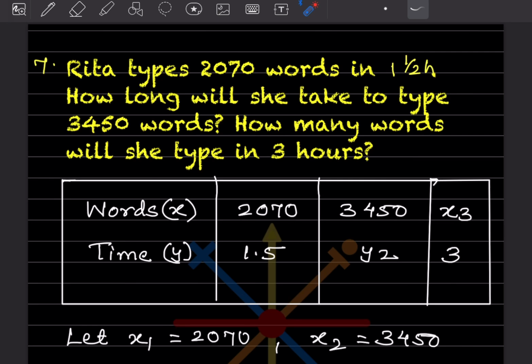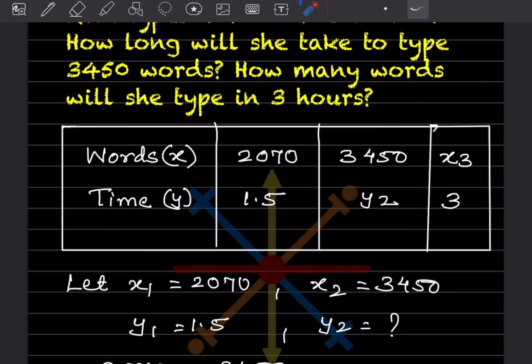And again it is given, one more question is here. How many words will she type in 3 hours? So we don't know here, the third column, we don't know the words. So this will be x1, x2, and this will be x3, y1, y2, and this is going to be y3 in 3 hours. So 3 hours we'll put it here. Hope the table is clear. If these things are clear, other things are very easy.